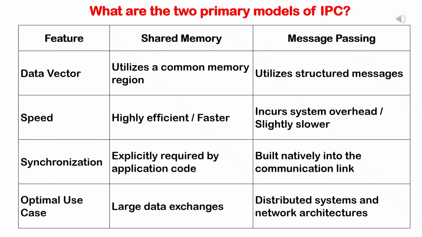In message passing, processes exchange information through messages managed by the operating system. Although this method is slightly slower because data needs to be copied, it is much safer and works well across different computers connected through a network. A simple way to remember this is: shared memory is faster, message passing is safer and more flexible.